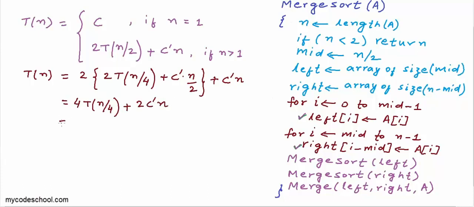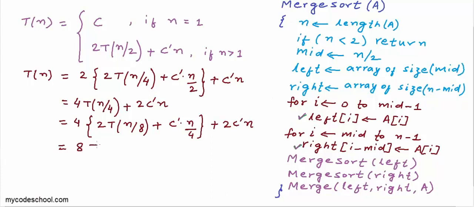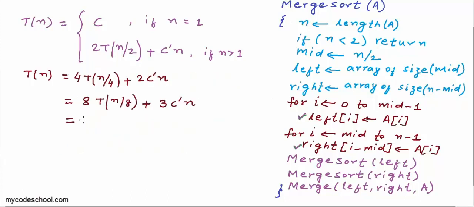Once again, T(n/4) can be written as 2T(n/8) plus c' into n/4, and we will have this 2c'n outside, and this will evaluate to 8T(n/8) plus 3c'n. And we can go on reducing like this. We can write this as 16T(n/16) plus 4c'n.